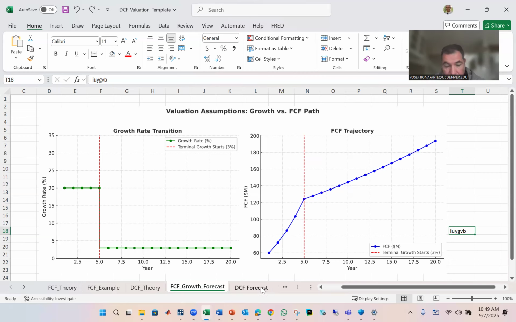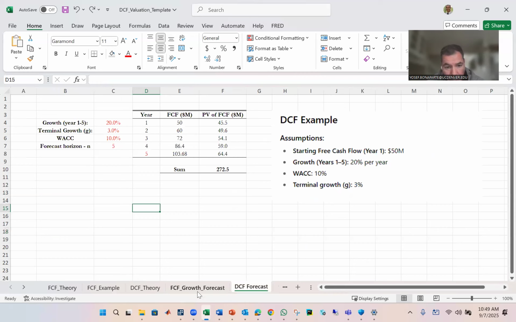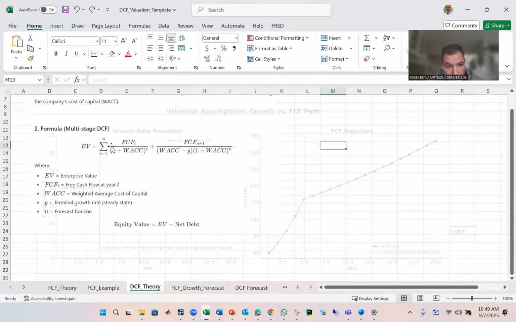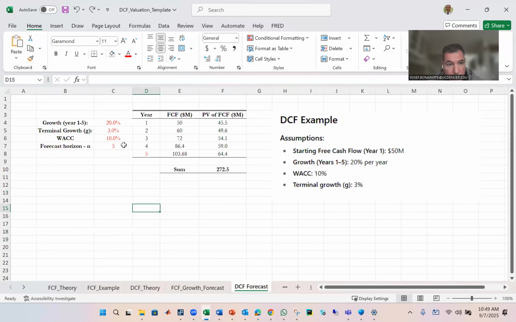So how to do the model with two cases? Well, we're going to calculate this equation and then this one. We're going to assume in the first 5 years, 20% cash flow growth. Suppose it's 50 now. So next year will be 50 multiplied by 1.2, 60, and 72, and all the way to 5 years.